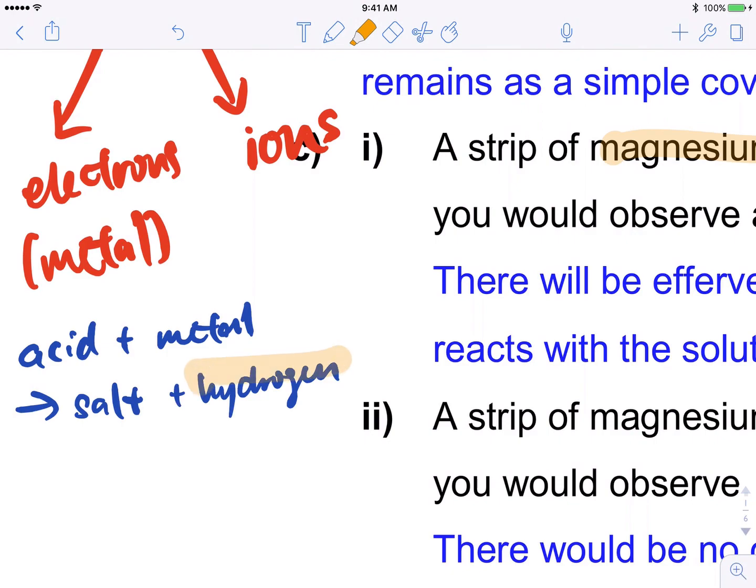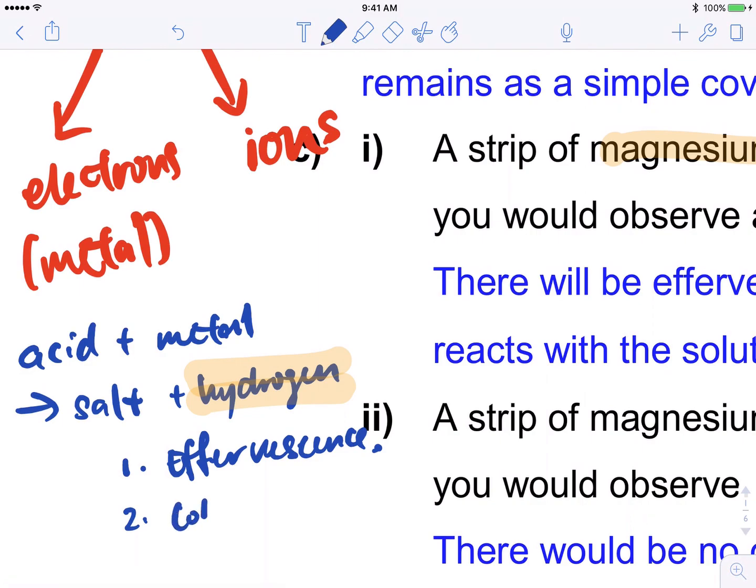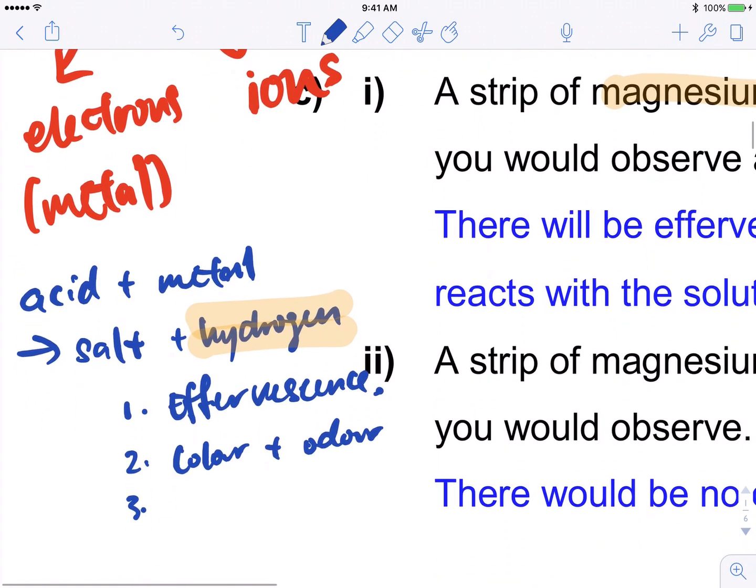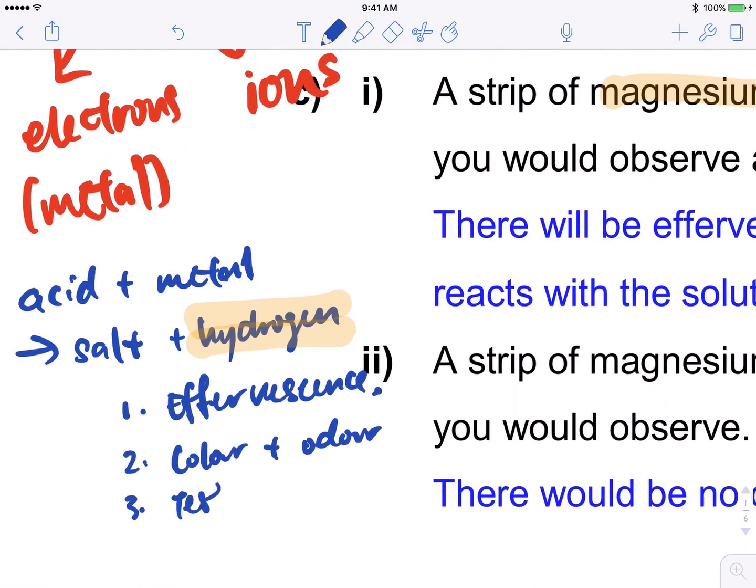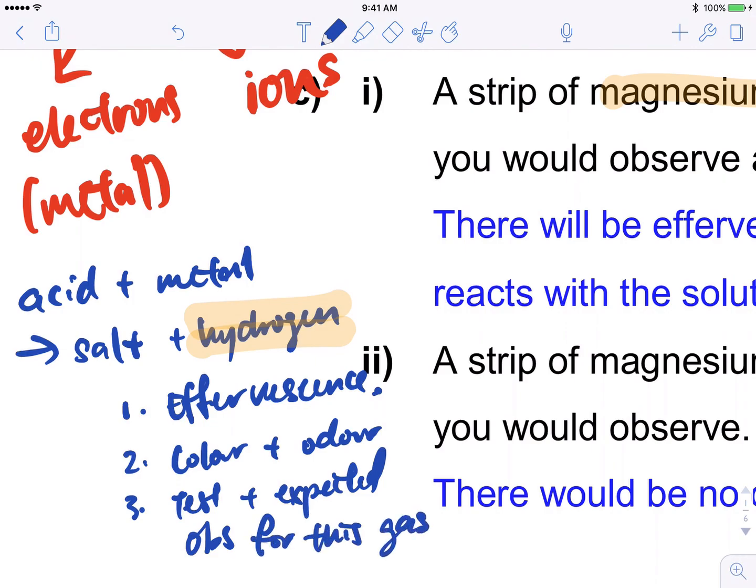Remember that whenever a gas is involved, you must first write that there's effervescence, write the color and odor of the gas, then lastly, the test plus expected observation for this gas.